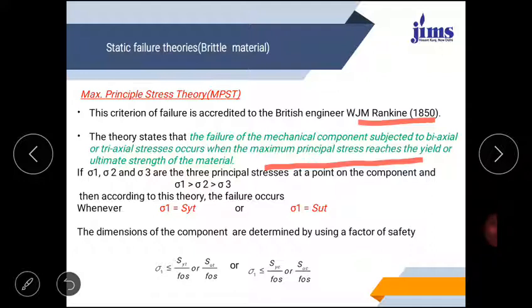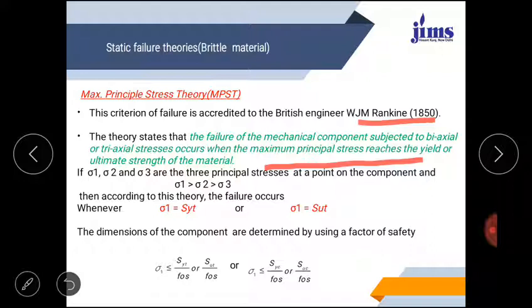When you design, you will take the ultimate strength or yield strength of a material into consideration. Under any condition of loading, the maximum principal stress generated in the component should not exceed the material's ultimate strength. That is the key point to understand here.